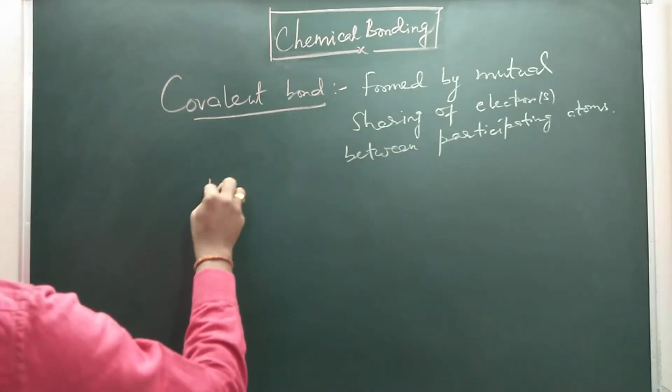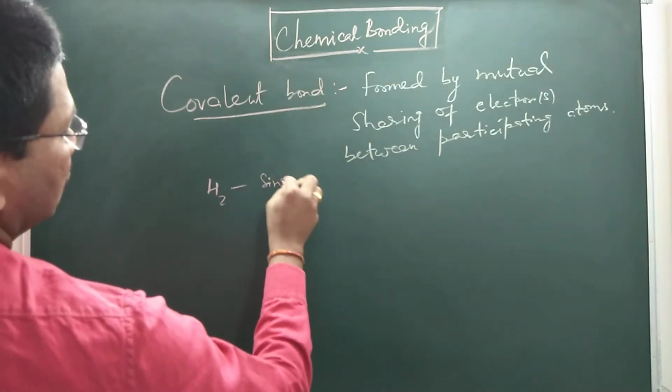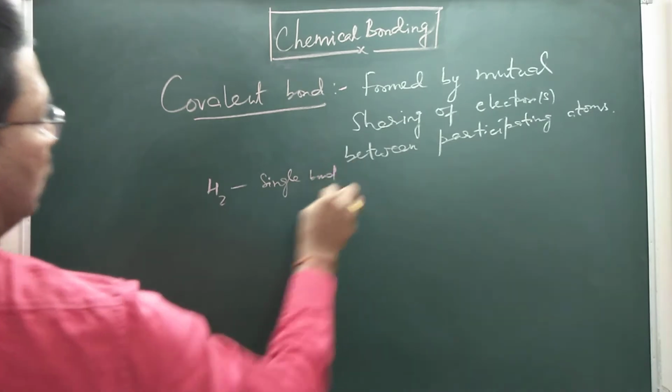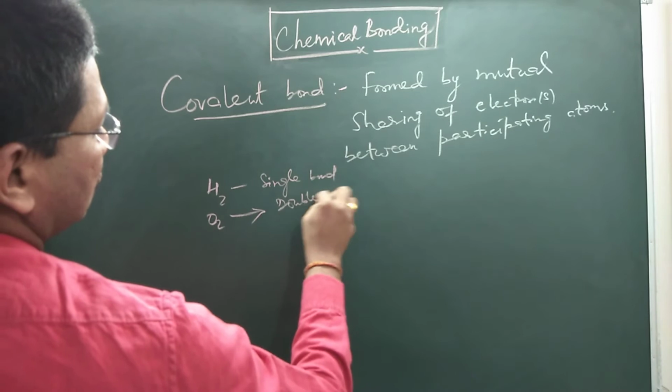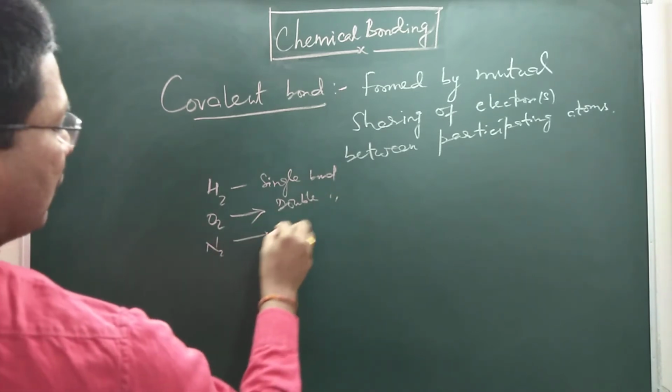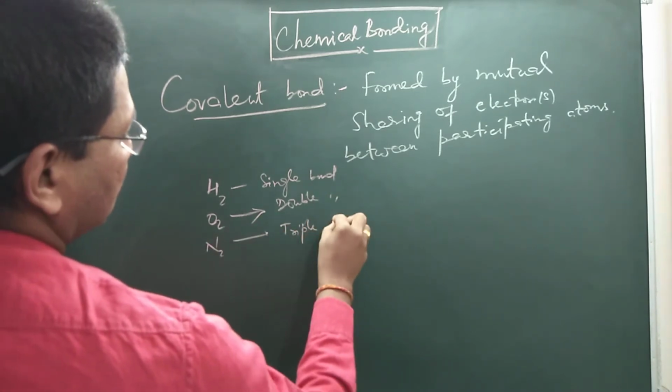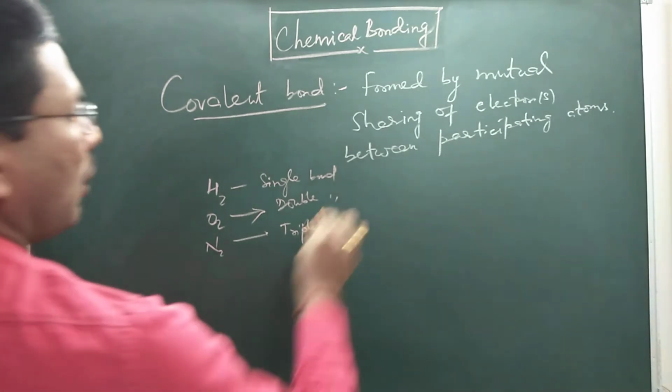You already have learned that hydrogen has a single bond, O2 dioxygen has a double bond, N2 dinitrogen has a triple bond, and these molecules are homoatomic diatomic molecules.